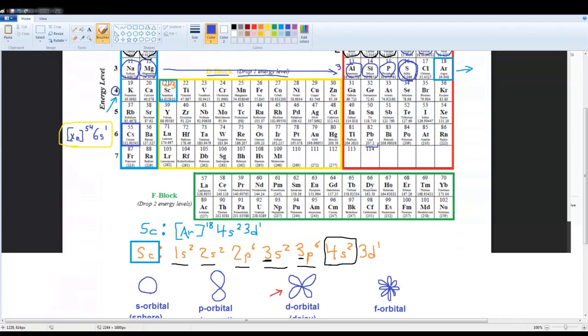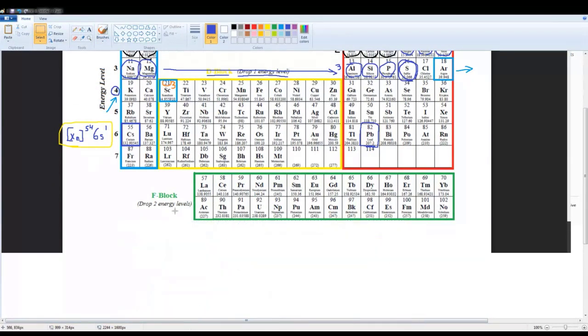I have Pb, 82, so I have lead. The previous noble gas to lead is xenon, 54.